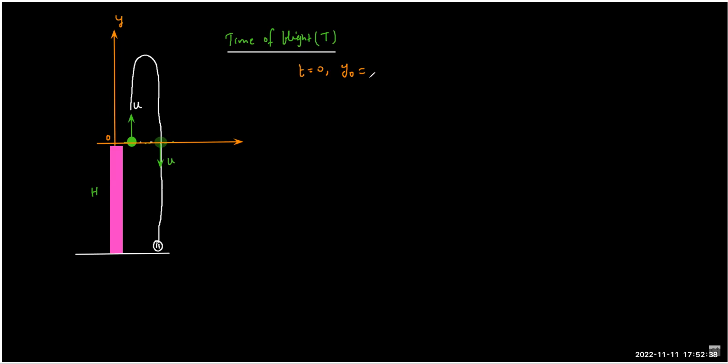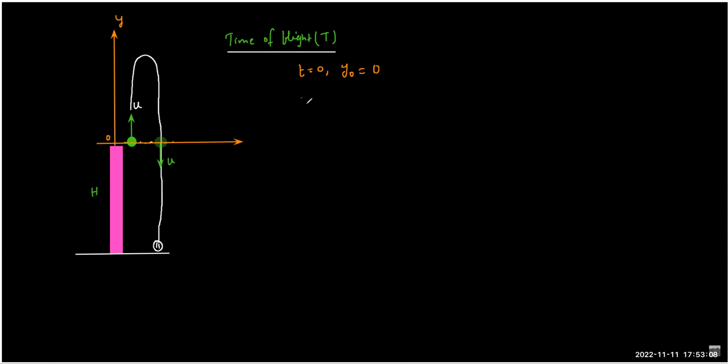I am asking what is the y coordinate of the ball at t equals 0? Sir, u. Come on, u is velocity. 0. Very good. Excellent. I'm asking y coordinate, you're saying u. Why?